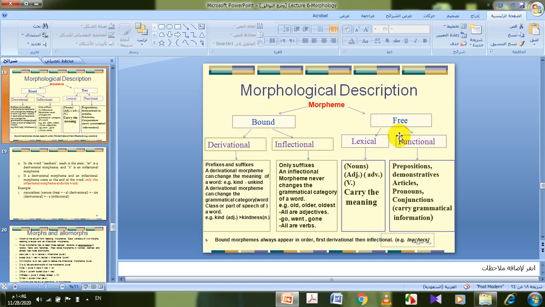As for free morphemes, we have lexical and functional. Lexical carries the meaning, it conveys the meaning, like nouns, adjectives, adverbs, verbs. A unit, the minimal unit of meaning.